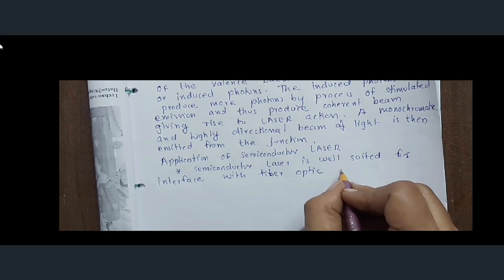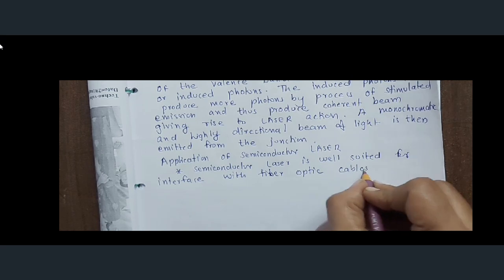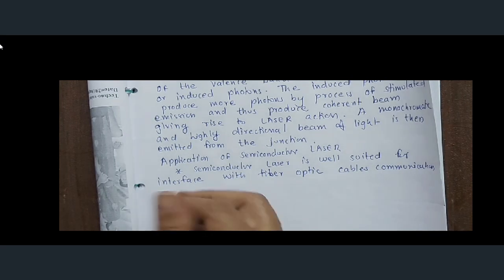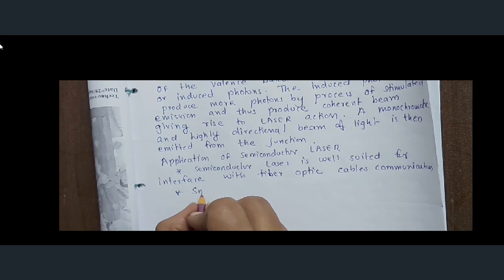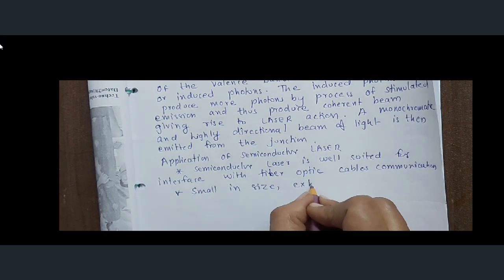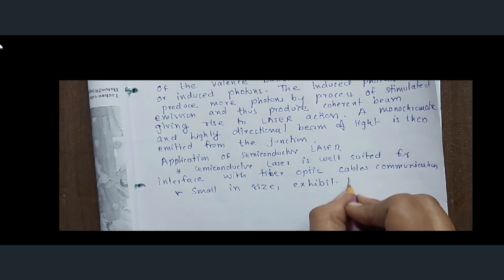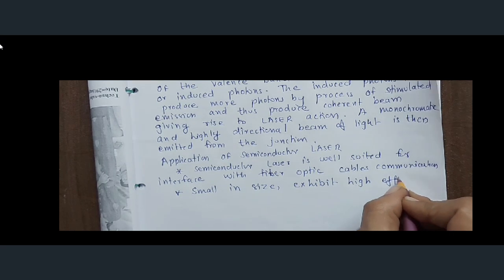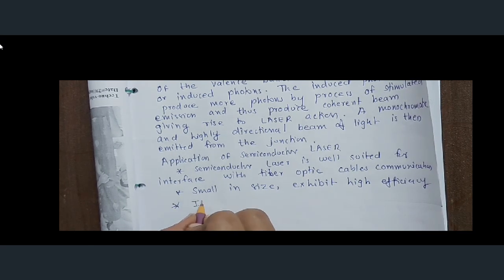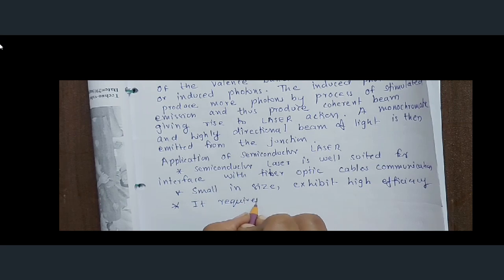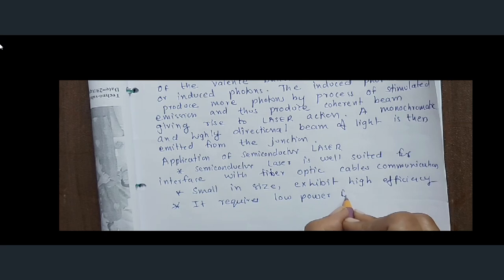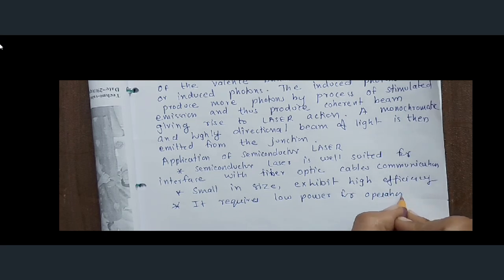Second, it is smaller in size, exhibits high efficiency, and requires low power for operation.